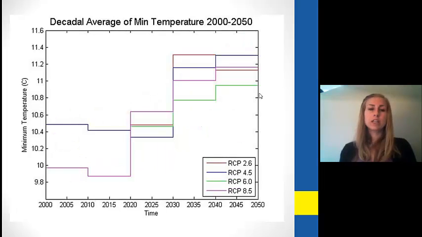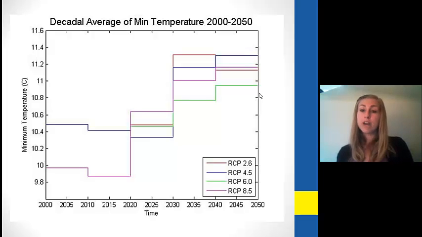And then moving on again to the decadal average of the minimum temperature, there still is that strong upward trend, with 4.5 as the warmest decadal average in 2050, while 6.0 is the coolest, but still again warmer than the decadal average in 2000.